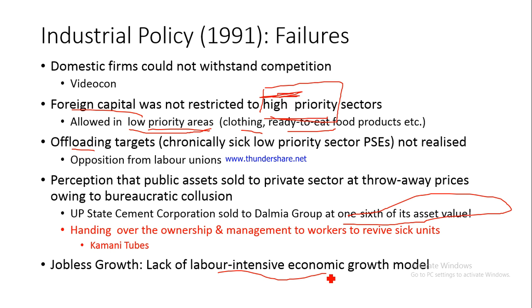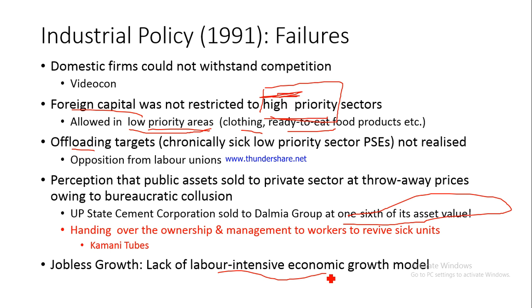Again, within the manufacturing sector, there are some particular businesses, some particular industries which require a lot of workers. For example, one example that could come to your mind is the textile sector. Textile requires a lot of workers. Again, if you talk about gems and jewelries, again a lot of workers.